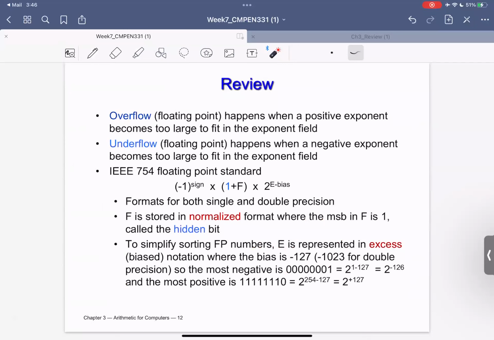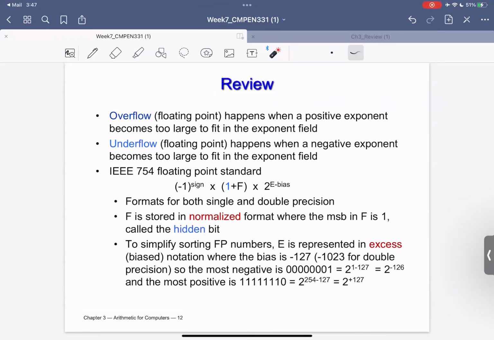Just a revision of whatever we have covered in this chapter so far: the overflow, which happens when a positive exponent becomes too large to fit in the exponent field. Also an underflow, which happens when a negative exponent becomes too large to fit in the exponent field. So either too large positive, it will be overflow, or negative exponents, again too large, it will be an underflow.